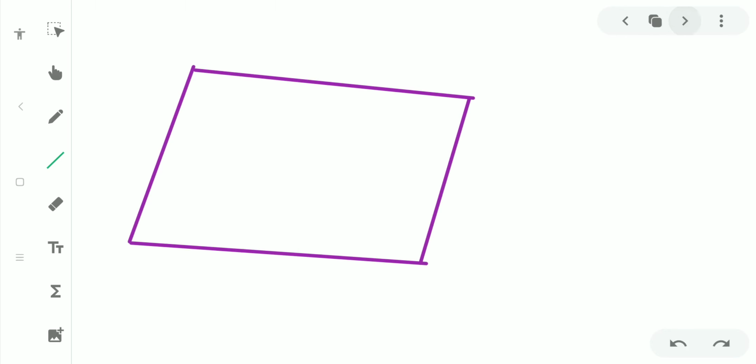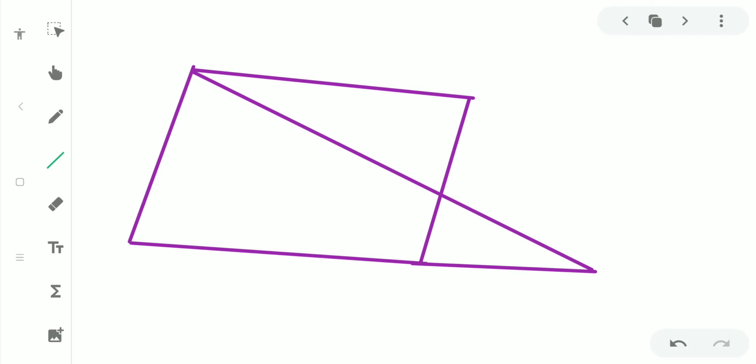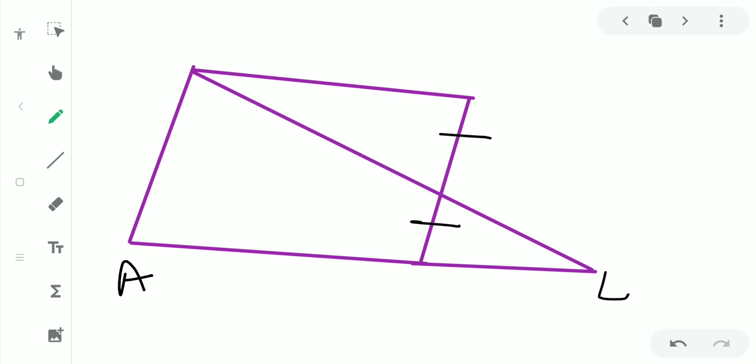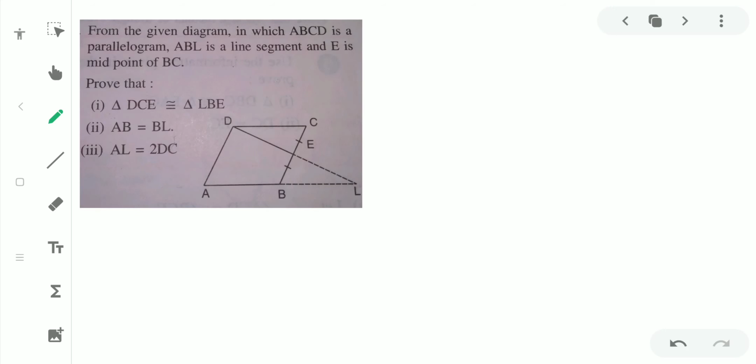So we are having this one like this, and here we have an extended line. Now it is given this one and this one are equal, and let us name it A, B, C, D, and this is point E. Now they are asking to prove triangle DCE is congruent to triangle LBE.